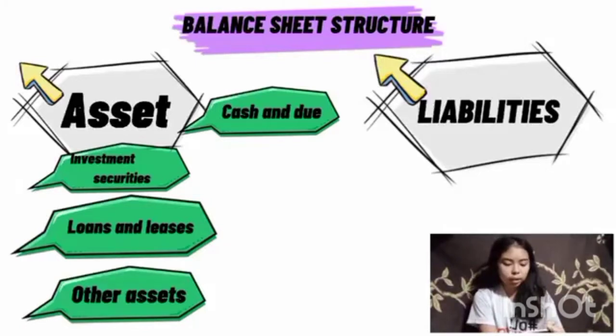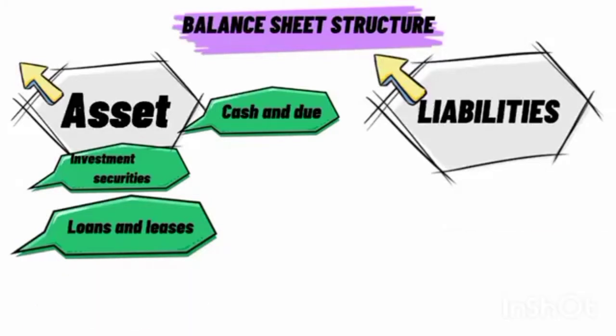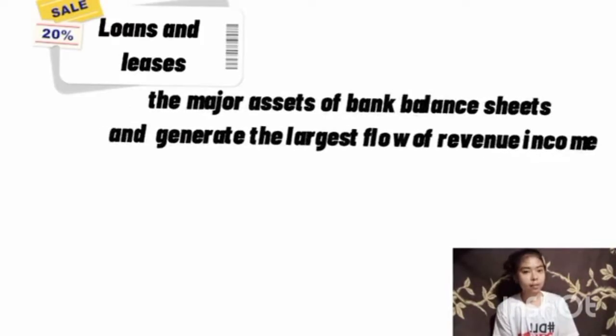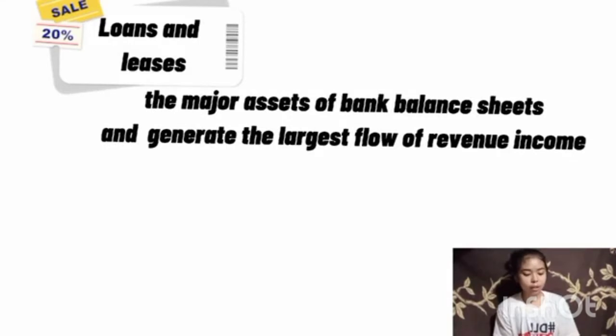Next is the loans and leases. Loans and leases are the major assets on a bank's balance sheet and generate the largest flow of revenue income. However, these items are also the least liquid asset items and the major sources of credit and liquidity risk for most banks.